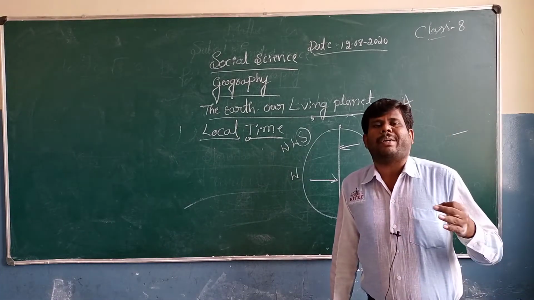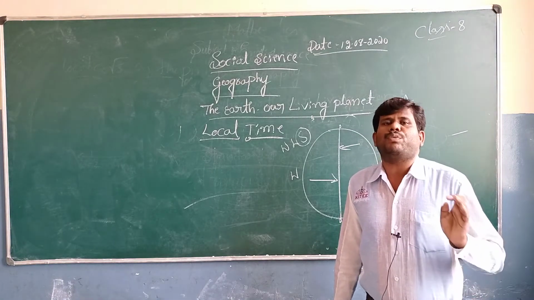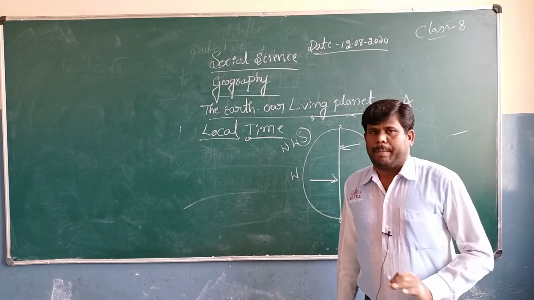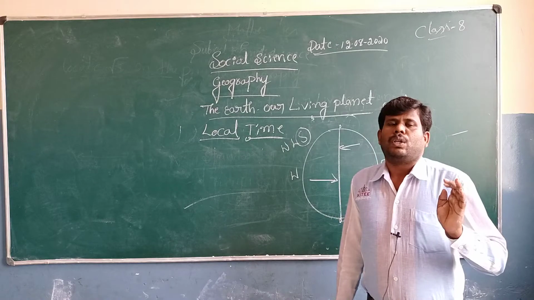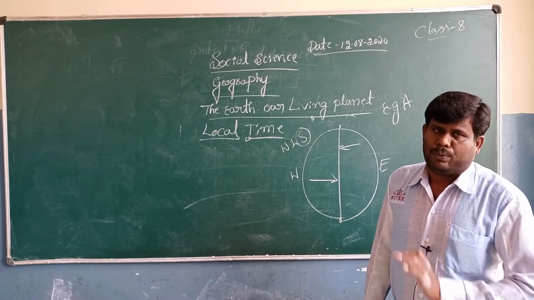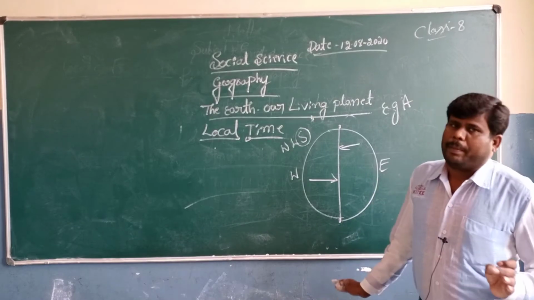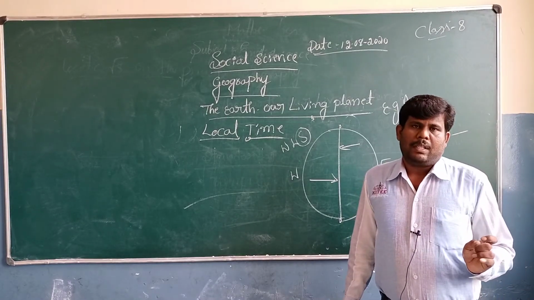Longitudes are called meridians of longitude. Meridian means midday, the time when noon is observed, meaning afternoon begins. The prime meridian passes over Greenwich in London.